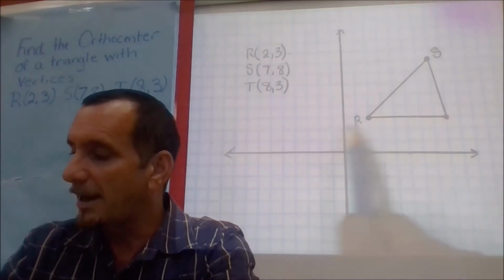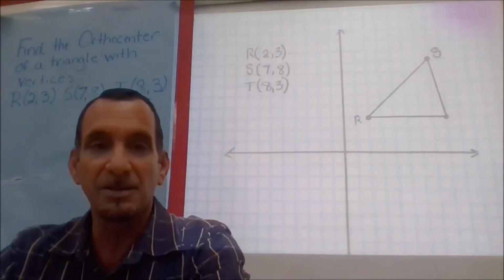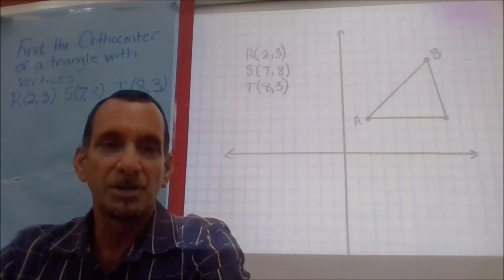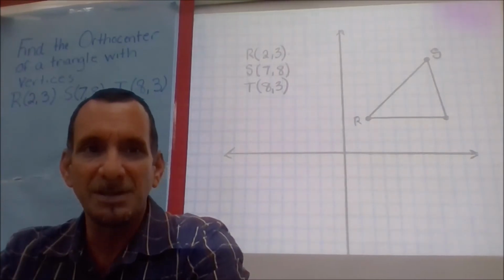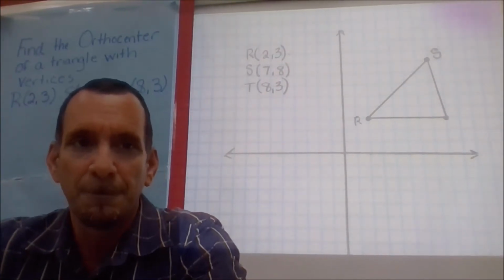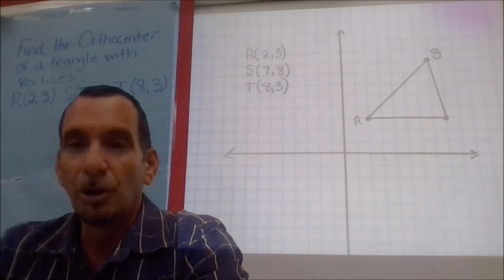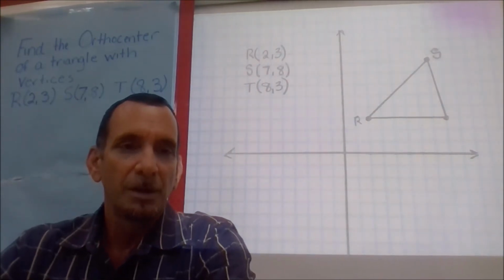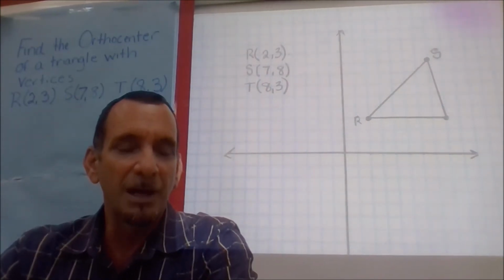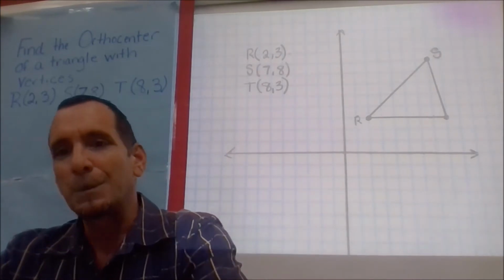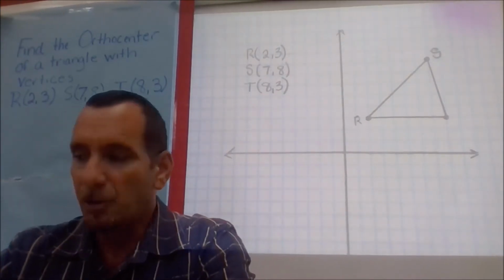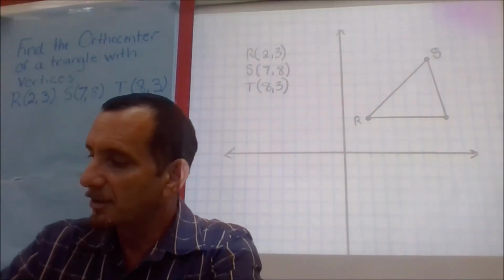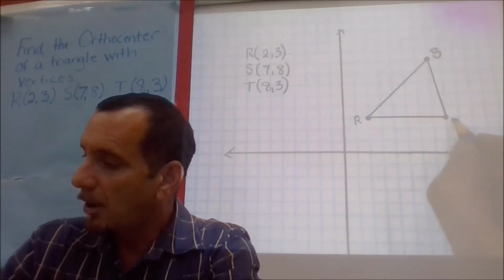So sometimes we have to extend these lines or segments of the triangle to find that perpendicular part, but let's see if we need to do that for this one. Now what I do is I look for any horizontal or vertical lines. In this triangle, we have a horizontal line RT.